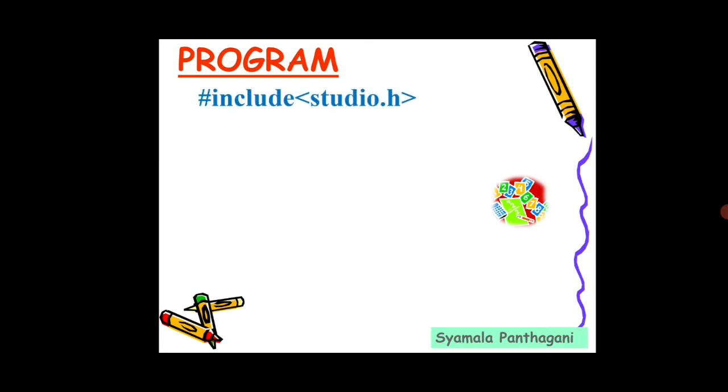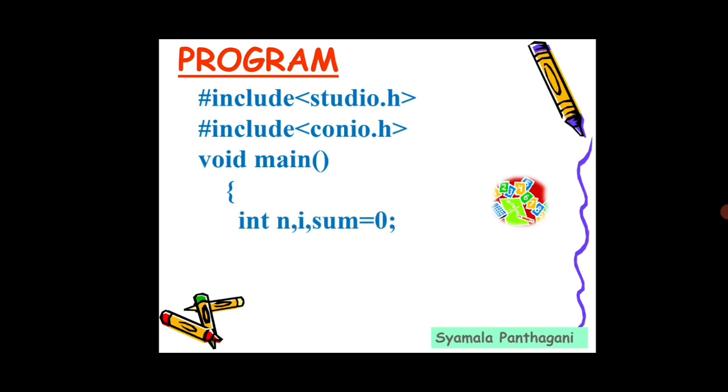#include <stdio.h>. We are including this header file to run the functions printf and scanf, and #include <conio.h>. We are including this header file to run the functions clrscr and getch, and void main open braces. int n, i, sum = 0.